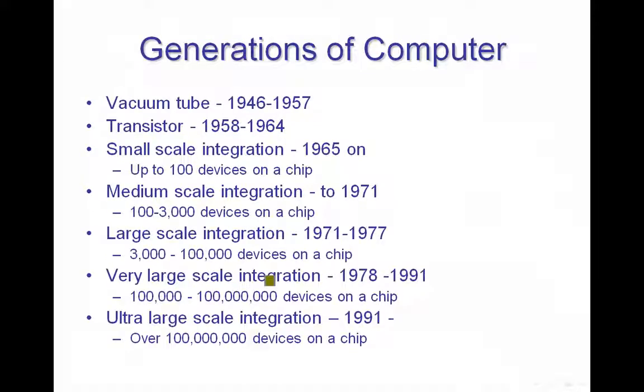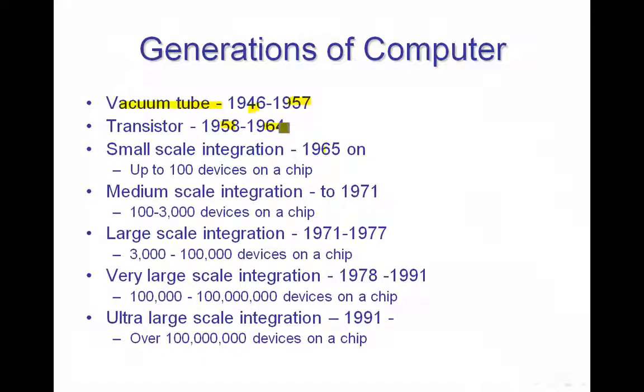We can summarize the generations of computers as vacuum tube computers from the years 46 to 57. Transistor-based computers from the year 58 to 64.